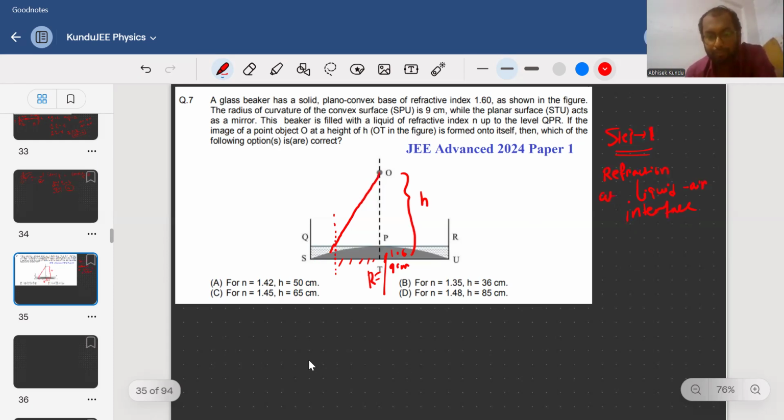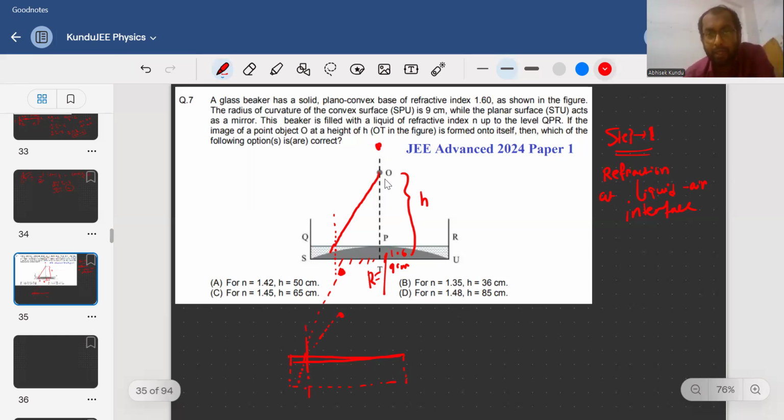Let us draw the diagram. This is the liquid. The liquid does not know that there is some lens placed. So from here, the ray of light will come and it will bend toward the normal. So see, it will form a virtual image somewhere here. That is the apparent height.